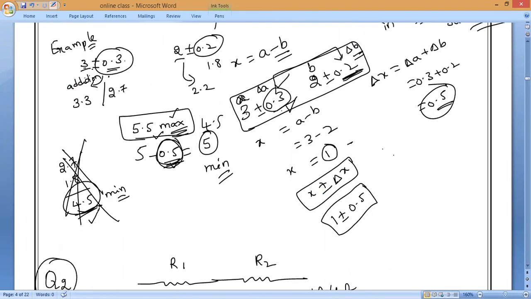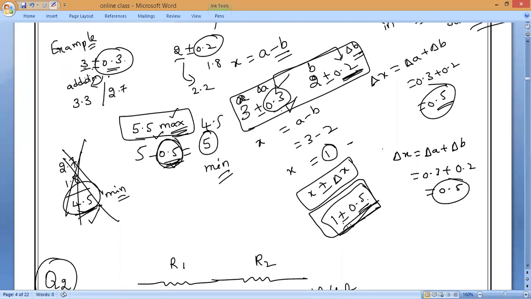So delta x is equal to delta a plus delta b, which is 0.3 plus 0.2, which is equal to 0.5. So my subtraction result is 1 plus or minus the error, 0.5. That is what you have to remember.